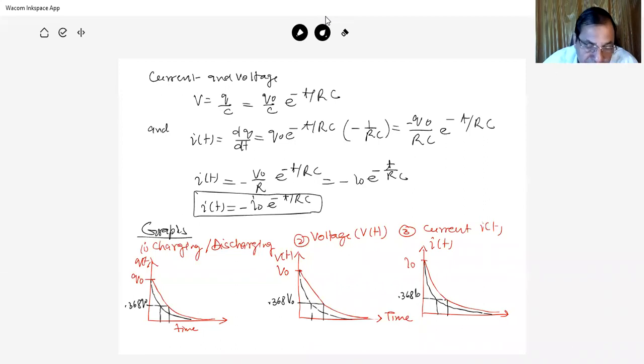These are the various time constants and their values for the discharging.